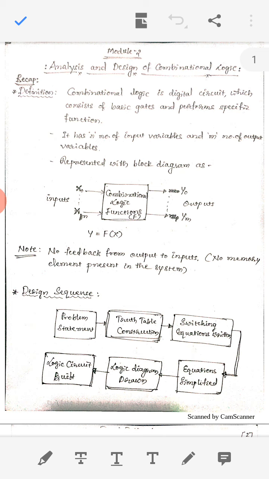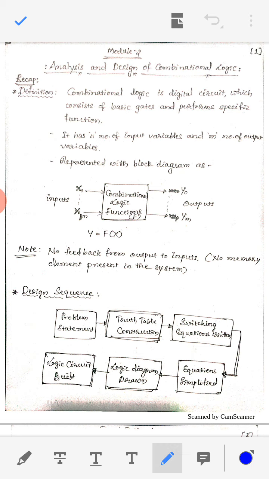Combinational logic is a digital circuit which consists of basic gates and performs a specific function.